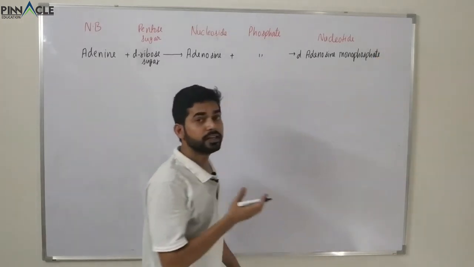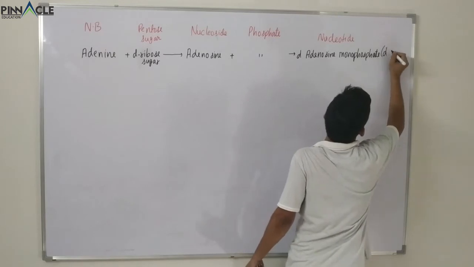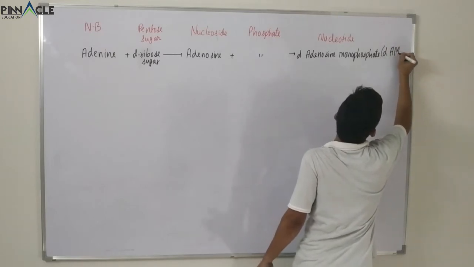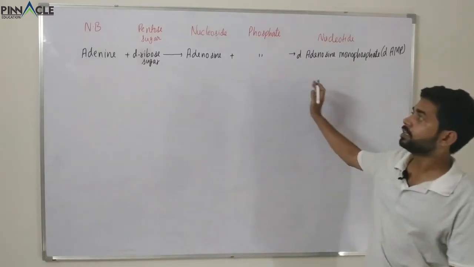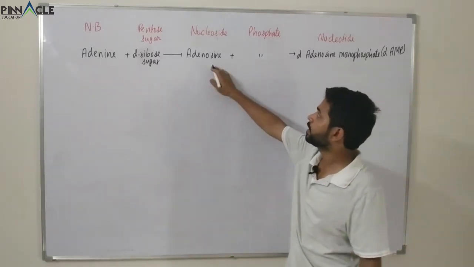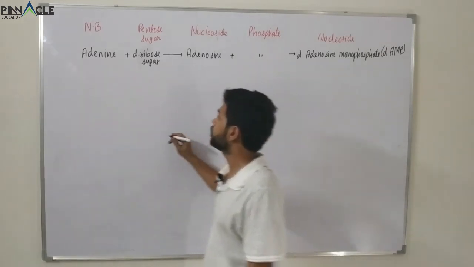It will be denoted in short form as DAMP, D-adenosine monophosphate. So this is how these are attached. Adenine, when it attaches with ribose sugar, gives adenosine, and then when the phosphate group combines, adenosine monophosphate.